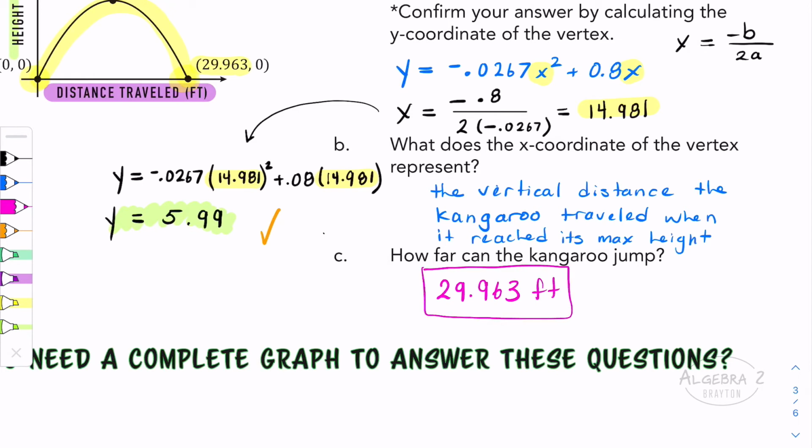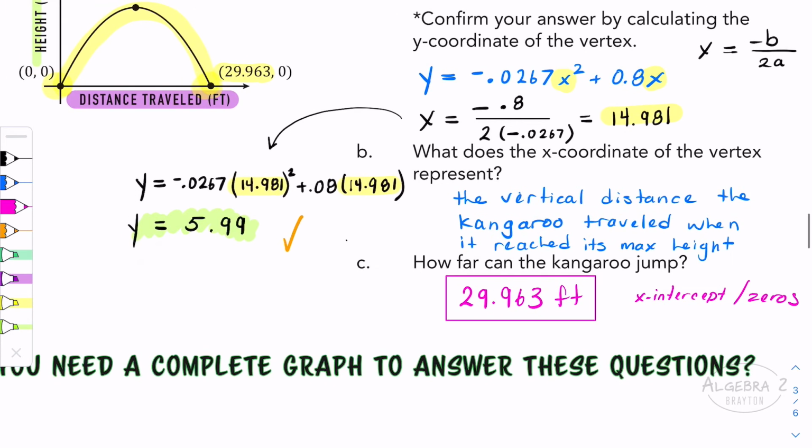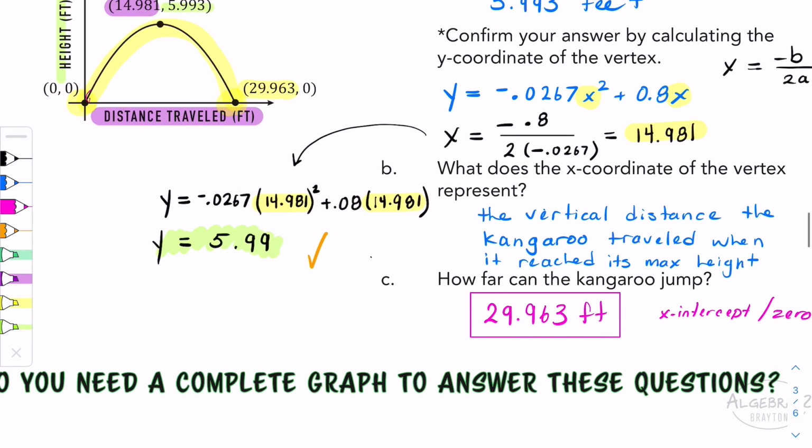And if you had to calculate that, not looking at a graph, then you would find the x-intercepts, or the zeros. Obviously, one of them would be at 0. Looking at the graph, one of them would be right here. The other one would be at 29.963.